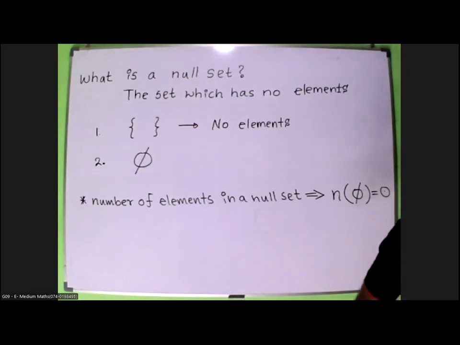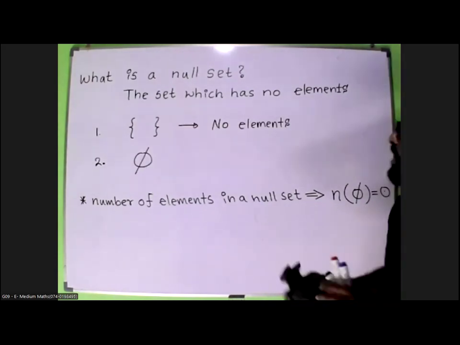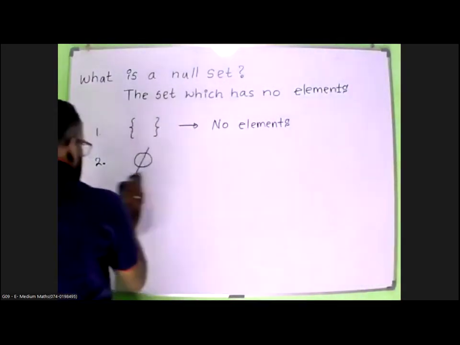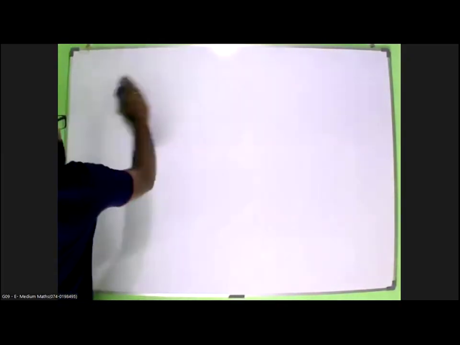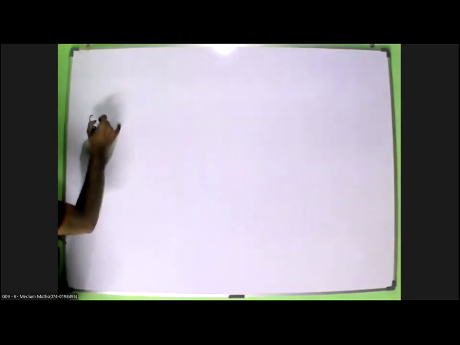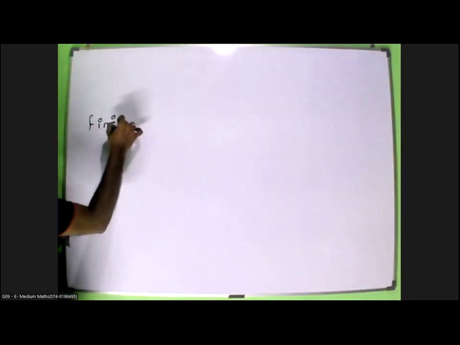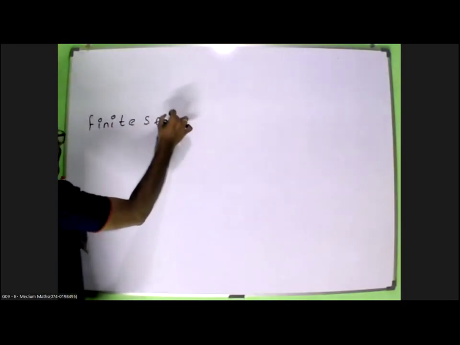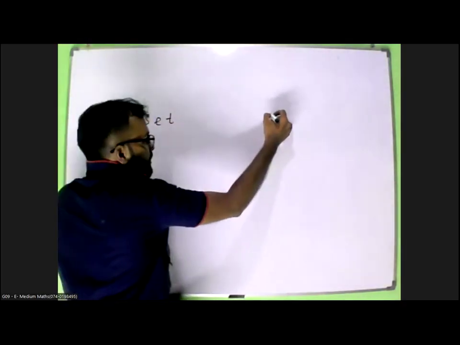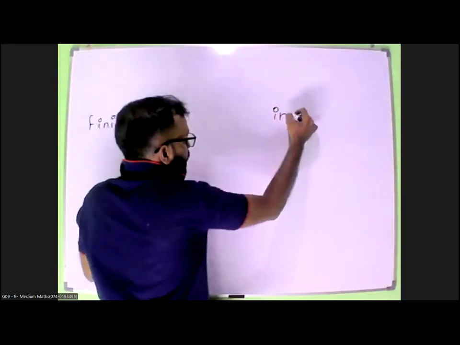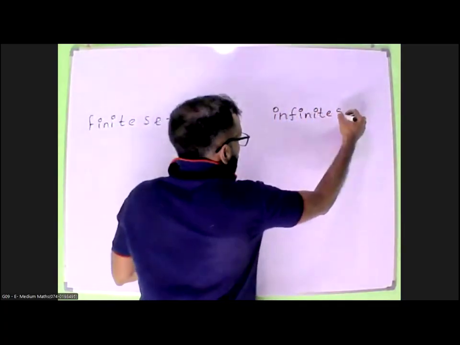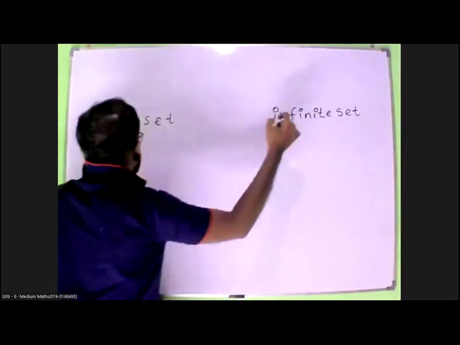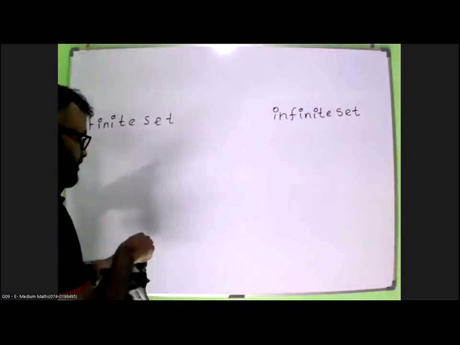So very basically, the summary you need to know is, for a finite set and an infinite set, what is the summary?